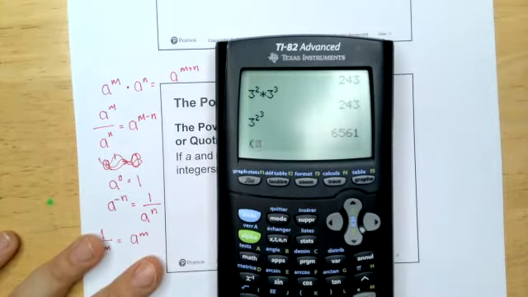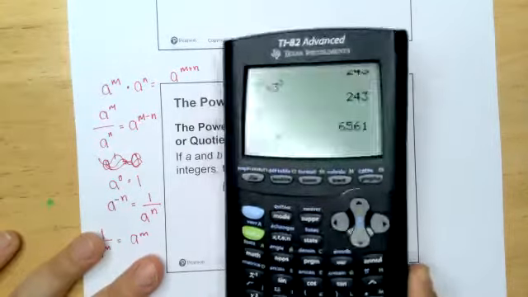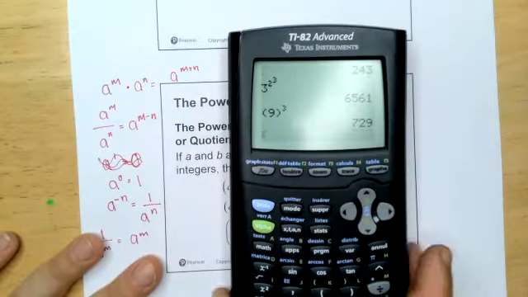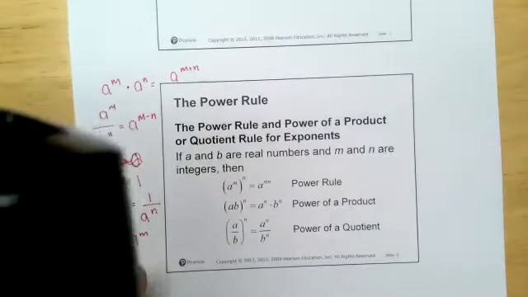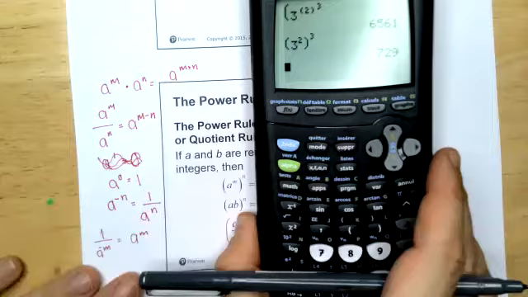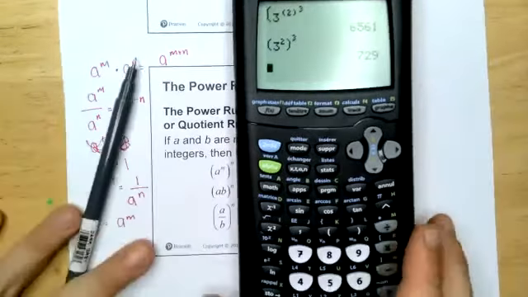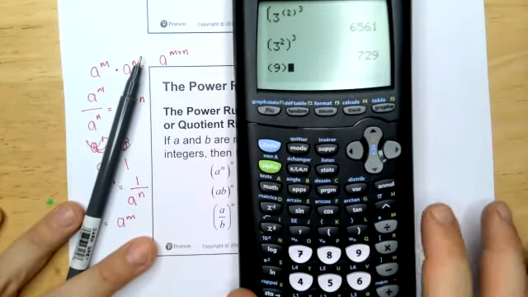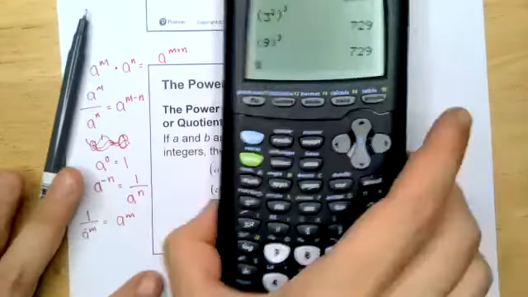You're taking 9 and you're raising 9 to the third power. 3 squared to the third power is 729 because 9 to the third power is 729.